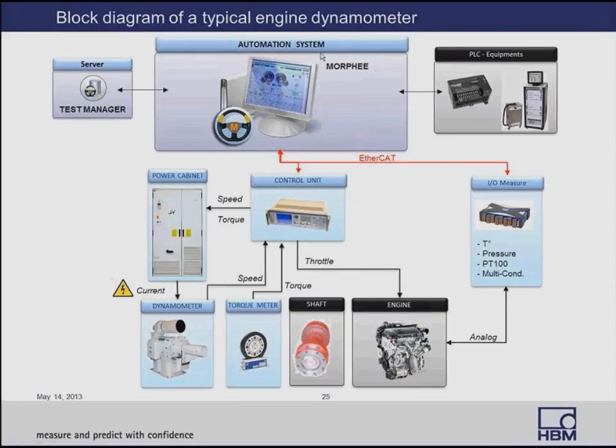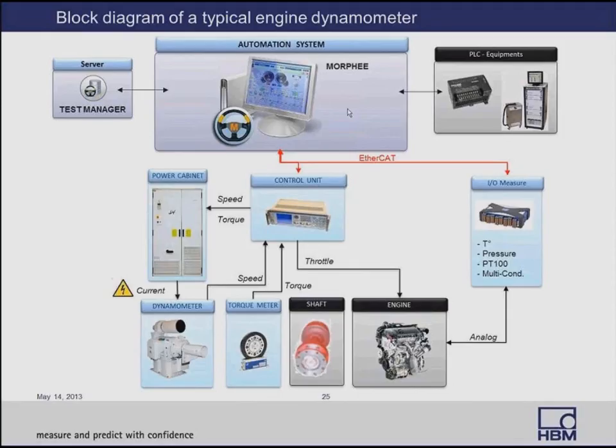So Morphee can mainly do two things in the engine dynamometer application. Morphee can read information first, that's why it's the data acquisition software, through the EtherCAT bus in real time up to 10 kHz. We're going to be able to read temperature, pressure, different analog signals, but also control analog signals and control digital outputs.